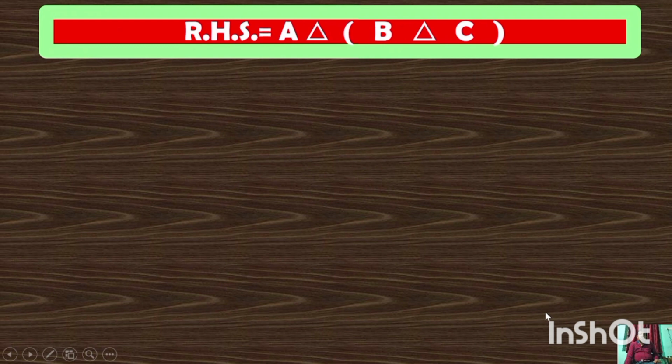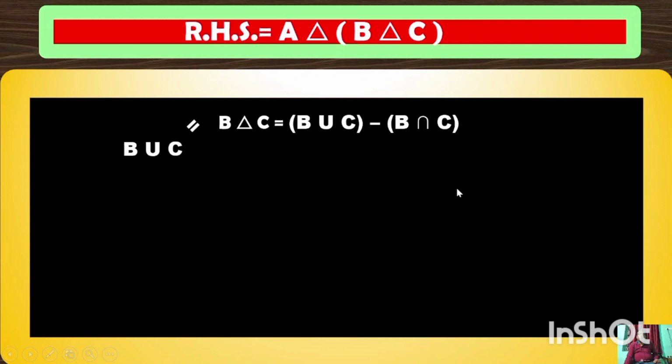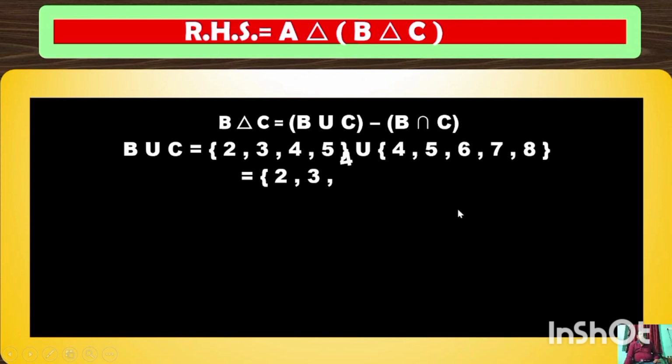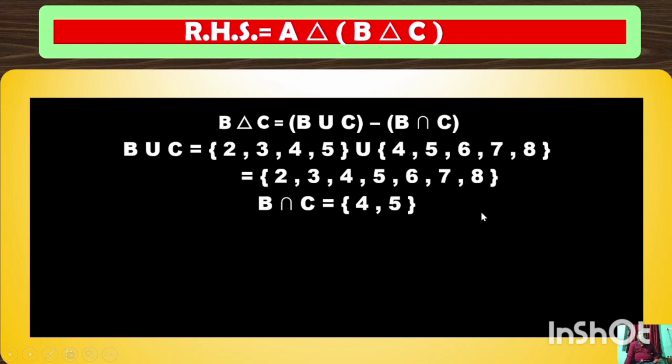Okay, understand? Similarly, the right hand side, RHS: A delta (B delta C). You see, first you find B delta C, the bracket work, which is B union C difference B intersection C. B union C is equal to 2, 3, 4, 5, 6, 7, 8. The elements of B intersection C are 4, 5.